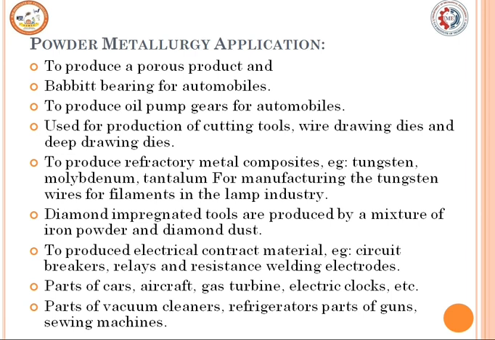Other uses are diamond impregnated tools, electrical contact materials, circuit breakers, relays, resistance welding electrodes, parts of cars, aircraft, gas turbines, electric clocks, parts of vacuum cleaners, refrigerators, guns and sewing machines. These are all the powder metallurgy applications.